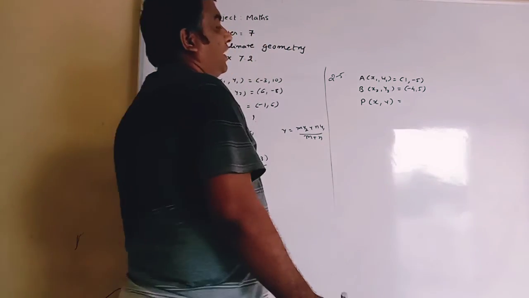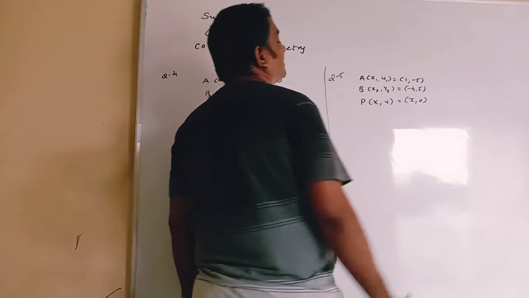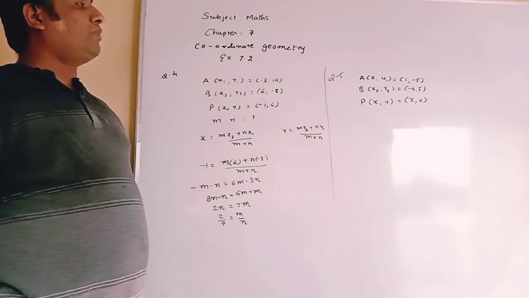Now we know that for the x-axis the y coordinate is always 0, so the point is (x, 0). Then find the coordinates of the division point also.